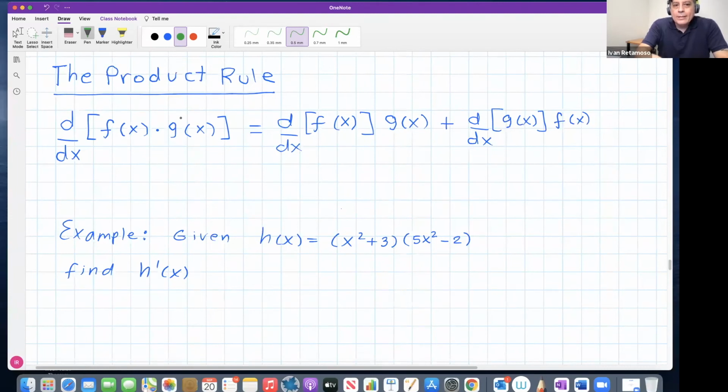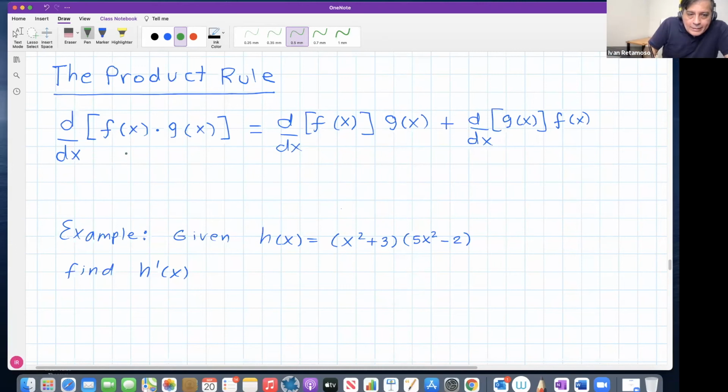Turns out the derivative of a product of two functions has a formula, which mathematicians call the product rule. It goes like this: the derivative with respect to x of f of x times g of x is equal to the derivative of f of x with respect to x times g of x, plus the derivative of g of x with respect to x times f of x.